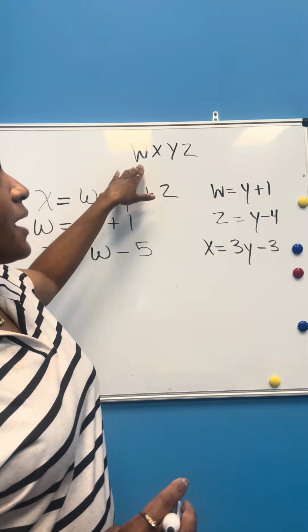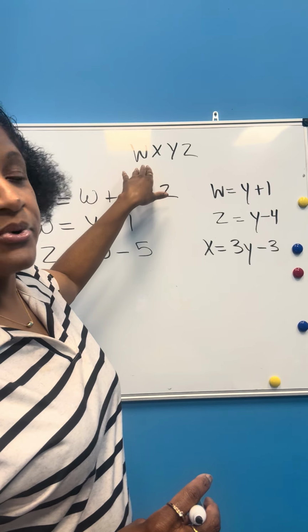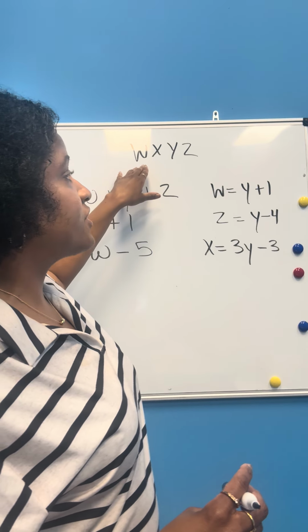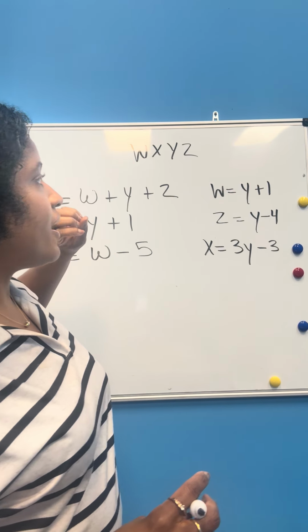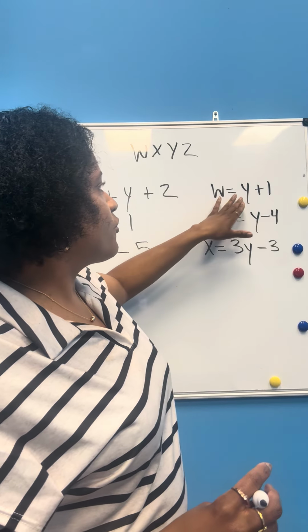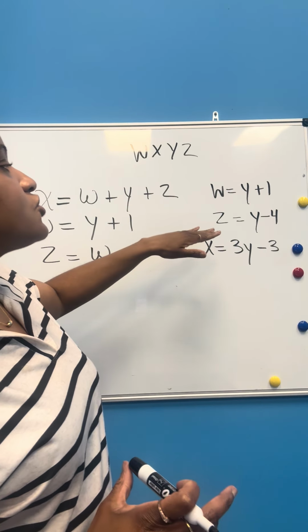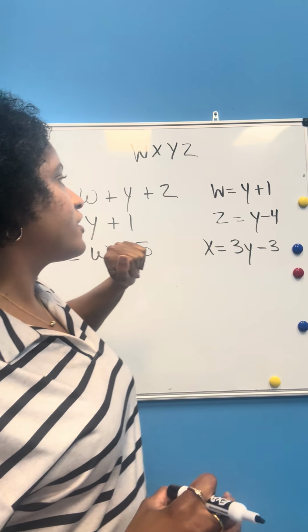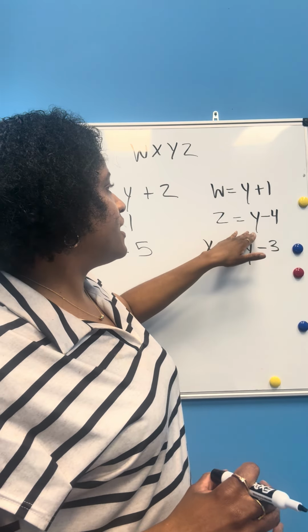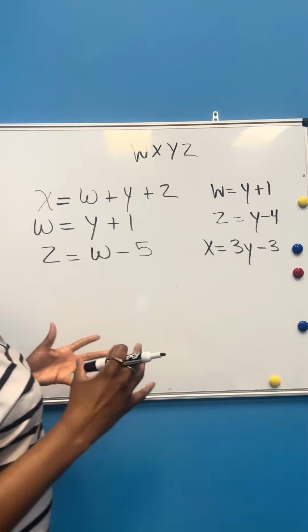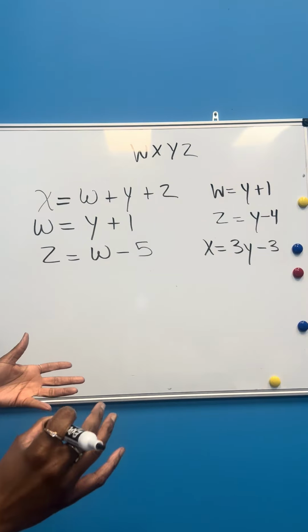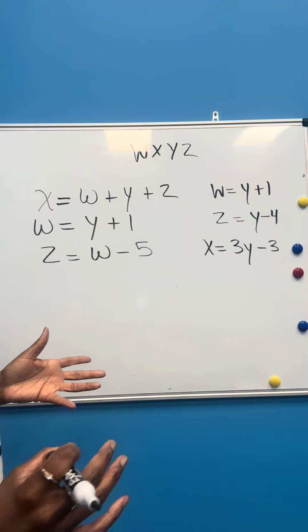We know w cannot be 0 because that's our leading number, and it's a 4-digit number. And it would not work anyway, because the only way you would get 0 would be if y was -1. So y could be 4 to start off with, but it can't be anything. And this would be something you would probably have to solve using trial and error.